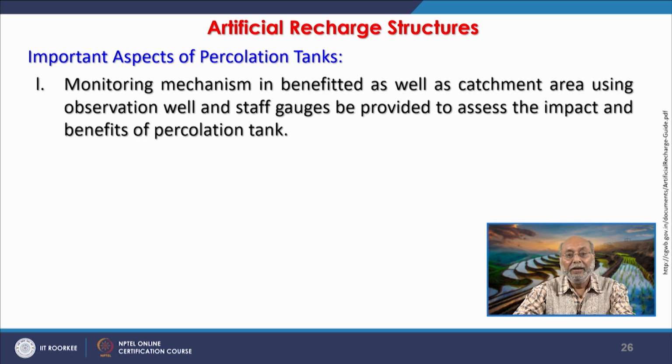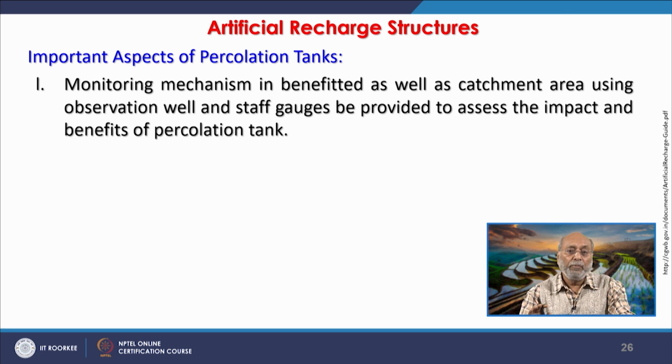Further, how much benefit is being provided should also be monitored, so that neighboring villages, neighboring people, or people in other parts of India can be convinced that these are very good. So, the monitoring mechanism in the benefited area as well as the catchment area, using observation wells and staff gauges, should be provided to assess the impact and benefits of the percolation tank.